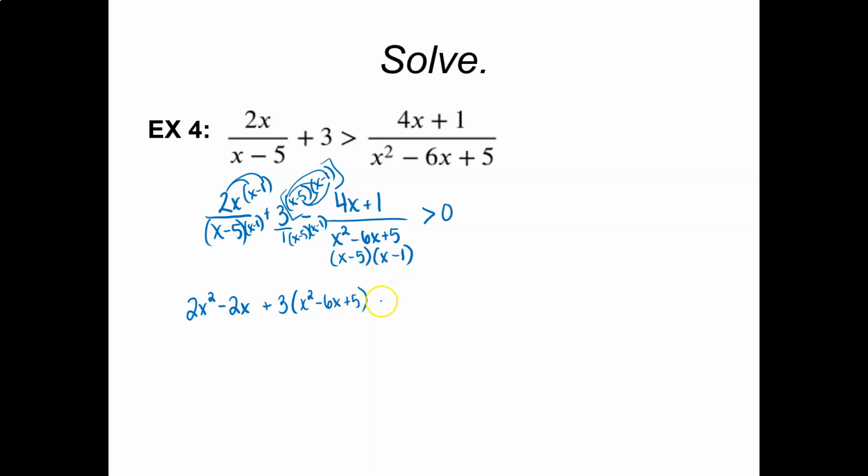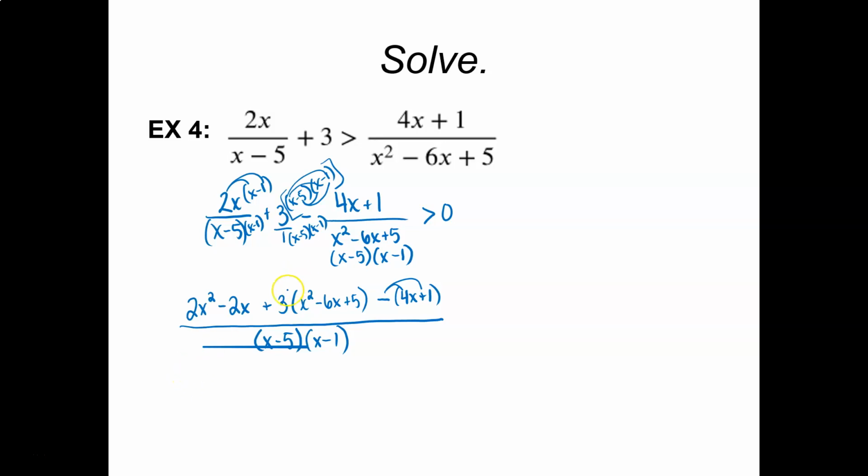And then, be careful right here. You've got minus, but that 4x plus 1, you've got to distribute that negative to it. So you need to be really careful with that. So all of this stuff, which is very complicated, is over x minus 5, x minus 1, there. And we definitely have got to simplify some here.